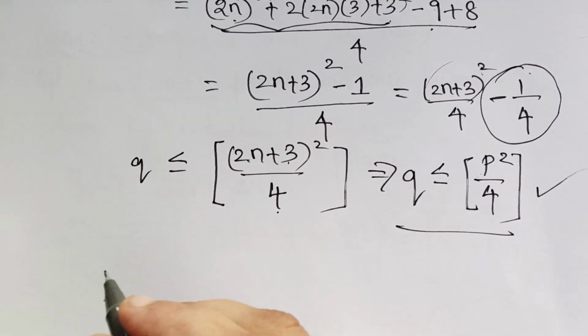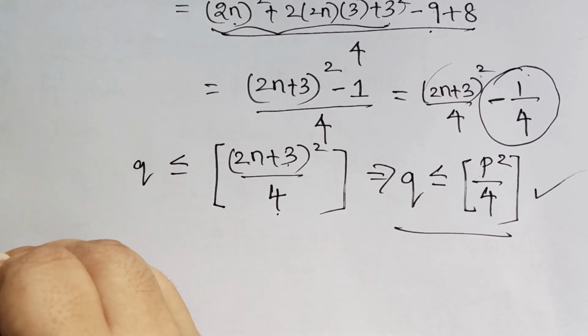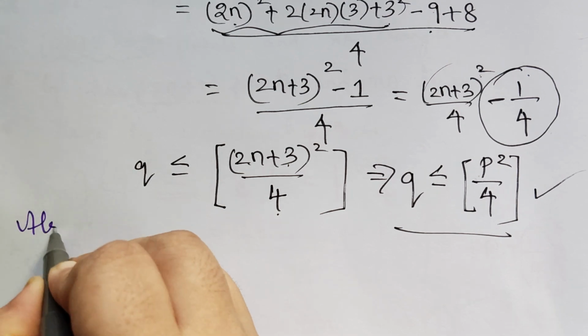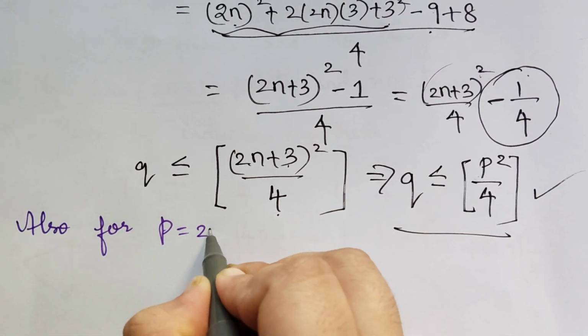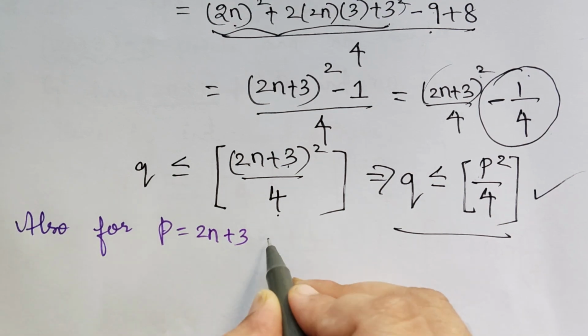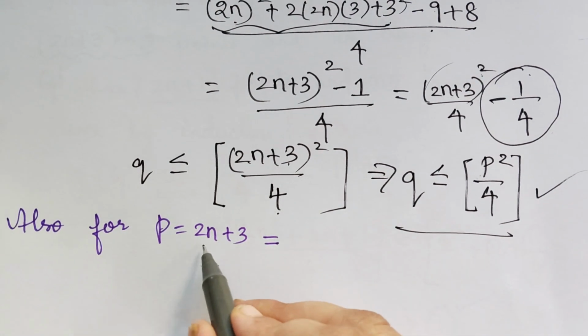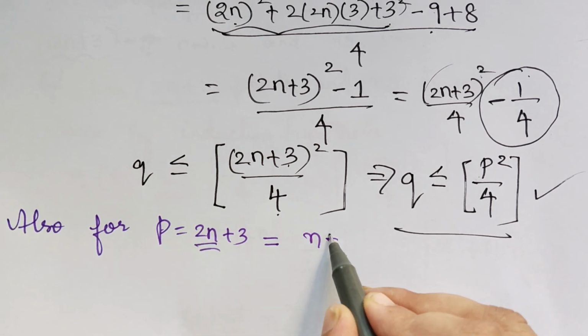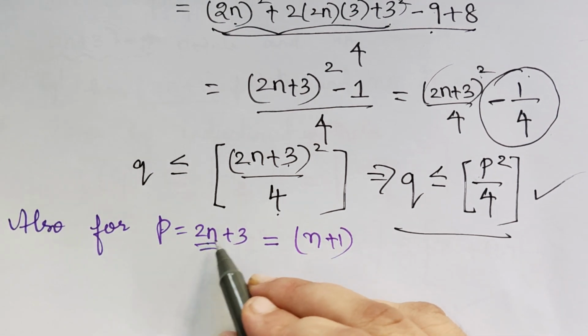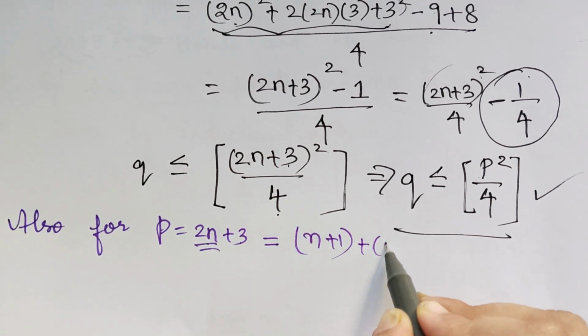Also we will consider a particular value of p, that is, p equal to 2n plus 3. We can rewrite this as, see this 2n we can write it as n plus 1, so what will be remaining? n plus 2.